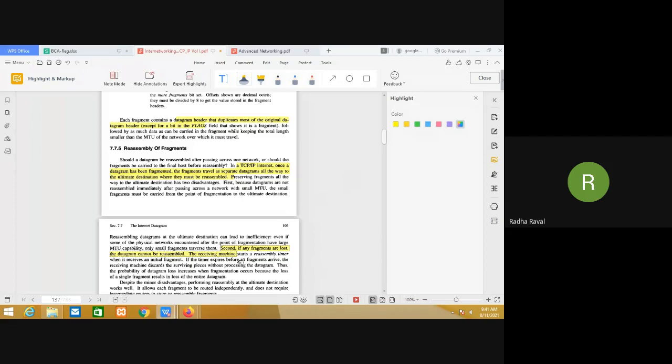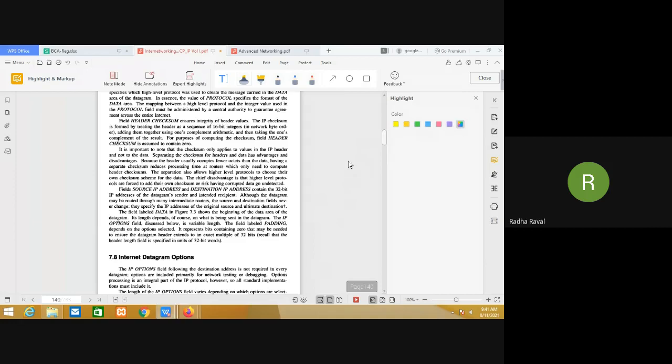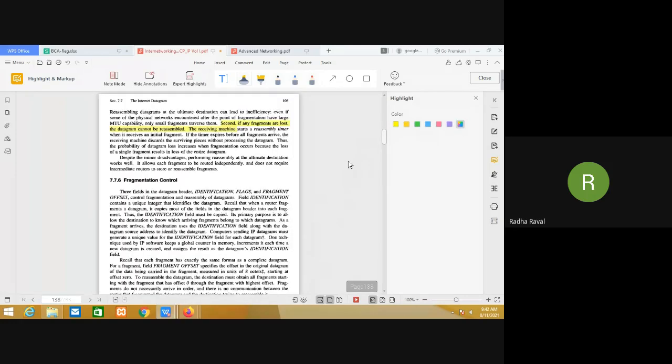Despite the major disadvantage, performing reassembly at the ultimate destination works well, and it allows each fragment to be routed independently and does not require intermediate routers to store or reassemble the fragments. So each and every fragment is independent from the other fragments.